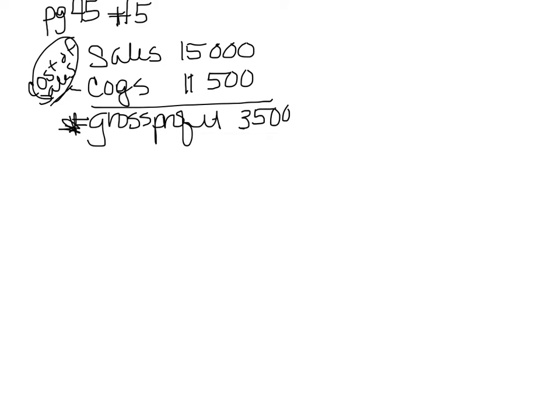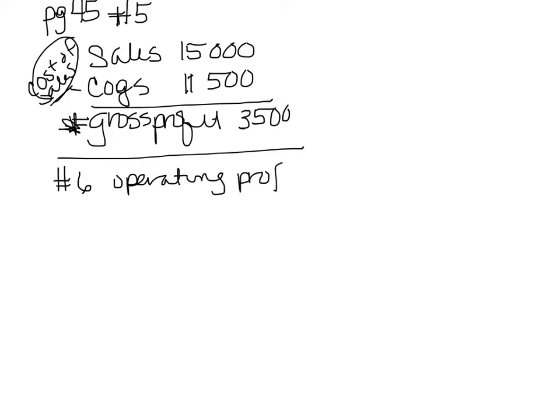So if we go down to the next one, number 6, number 6 says, calculate the company's operating profit. So in this problem it says we had gross profit of $7,750,000 during the year.